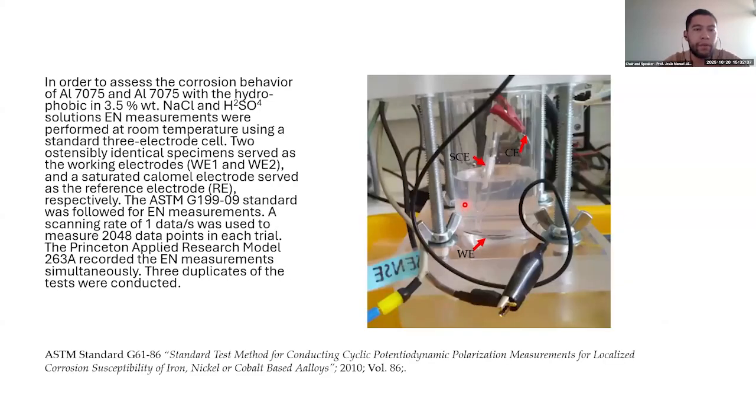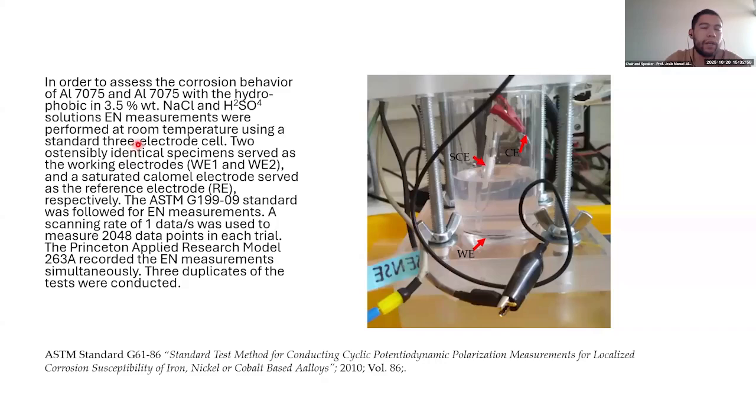For electrochemical characterization, we employed two techniques: electrochemical noise and potentiodynamic polarization. The potentiodynamic polarization was realized in sodium chloride and sulfuric acid.